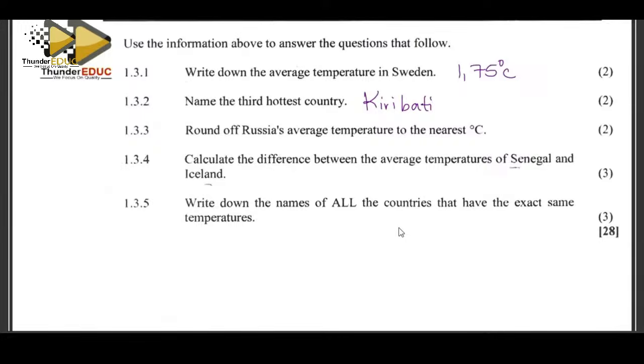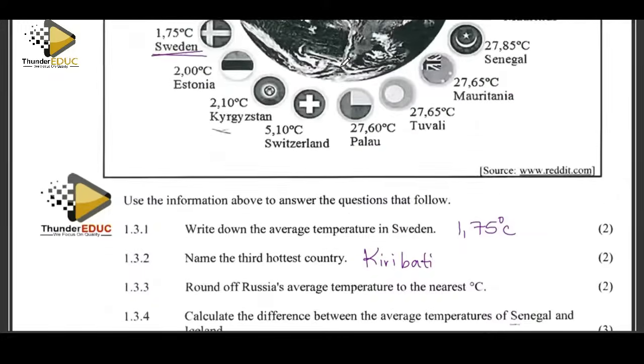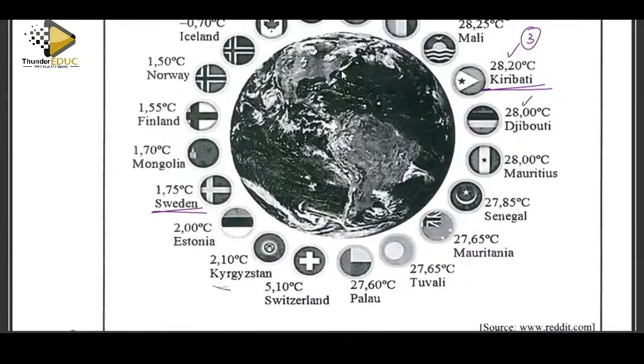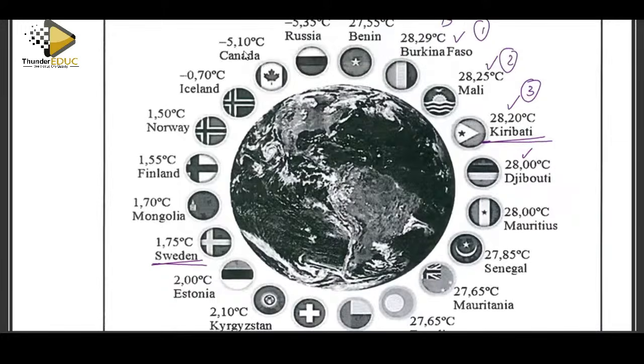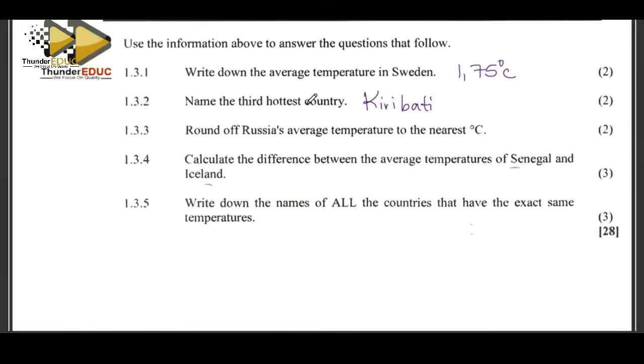Round off Russia's average temperature to the nearest degree Celsius. We come here, you see. Look for Russia. Russia, it's up here. If you have to round this off, it's negative 5.35. Minus 0, minus 0, so you pick your calculator.